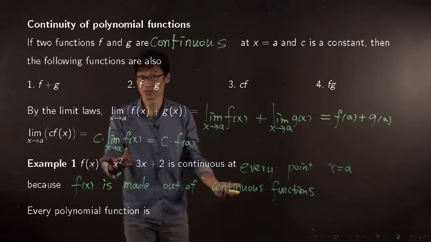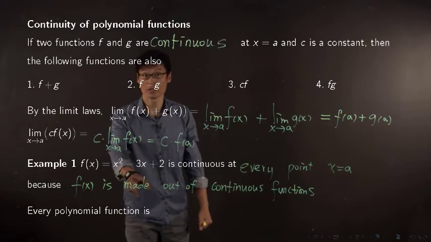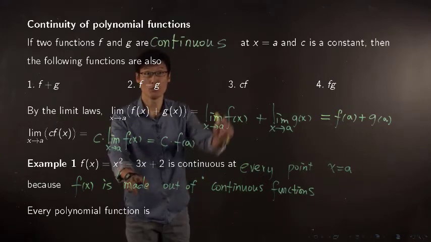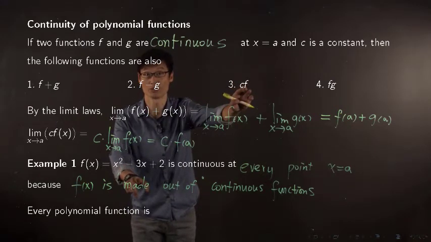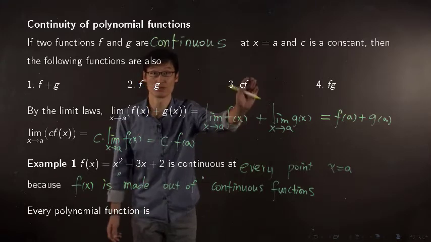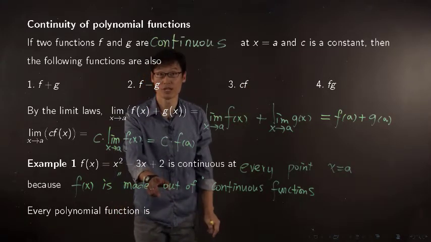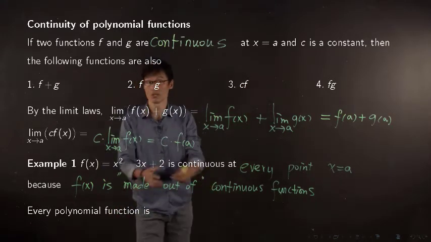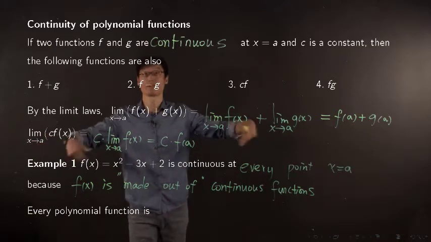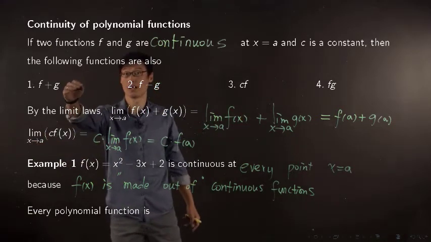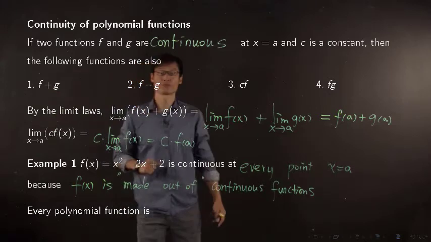Of course, x is continuous. And second term is scalar multiple of continuous function. So 3 times continuous function. And this last term is again continuous. When you add them up, you will get new continuous function by this number 1 and number 2.